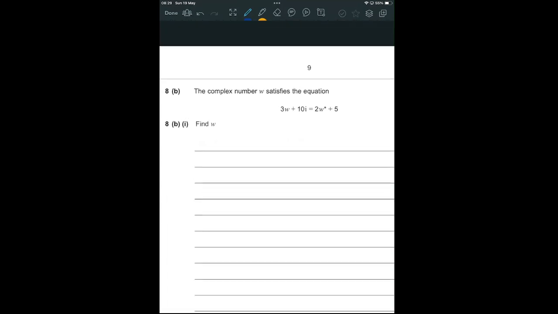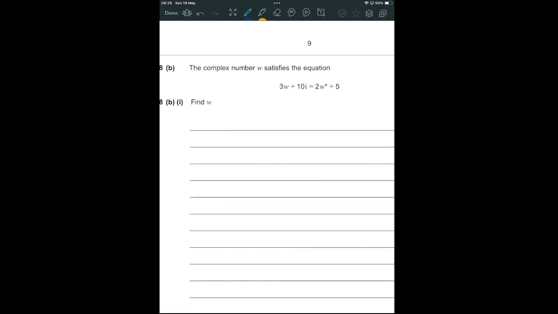The complex number W satisfies that equation. Find W. We have choices here. We could try and do some really smart things because of the previous part of the question. One instinct I had was to multiply the whole equation by W star. That's not going to be useful, but I just wanted to make a W star because of the previous question.